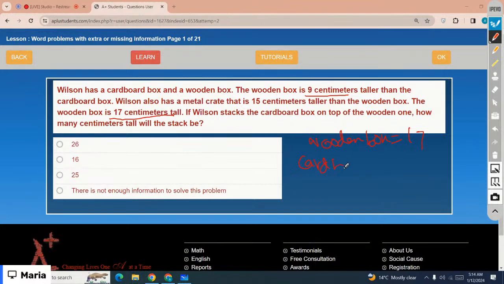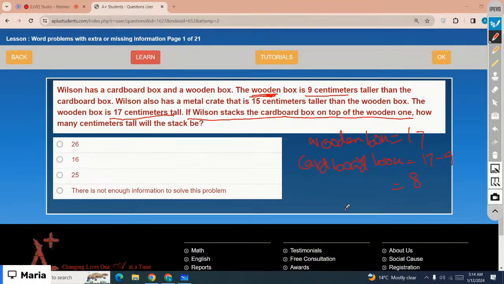So the wooden box is 17, and it is 9 centimeters taller, right? So you have to subtract 9 from 17. 17 minus 9 is 8, right? Now the question is, if Wilson stacks the cardboard box on top of the wooden one.